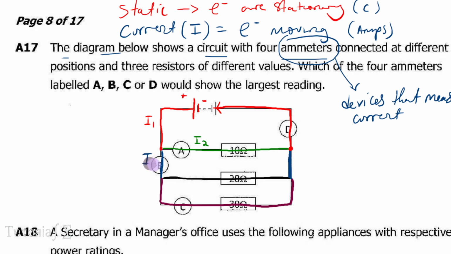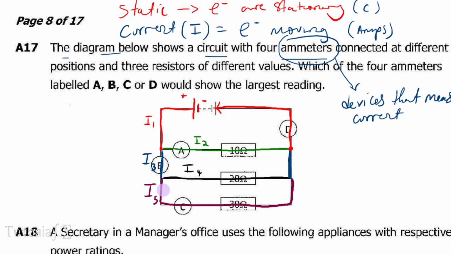We call this current 3. Again, when it reaches another point where it is splitting, the current here will be smaller. That is current 4, and then there will be another current going down there, current 5.